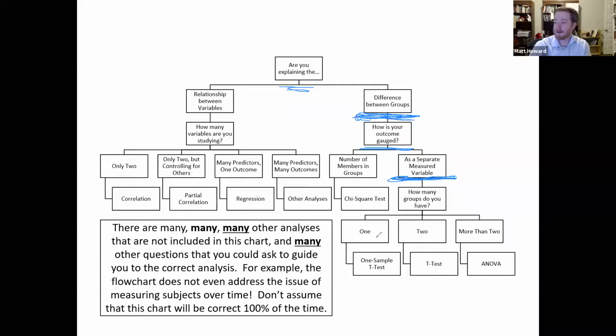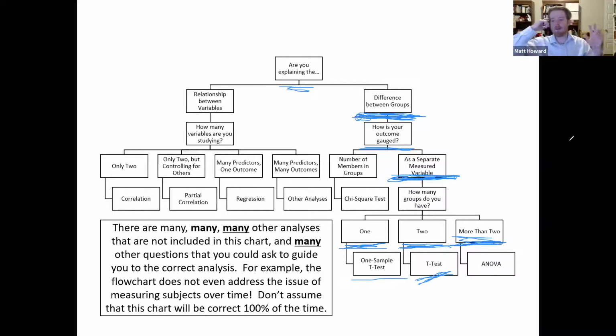What we covered so far is when you have one group, which was a one-sample t-test, and when you have two groups, which is a two-sample t-test. Sometimes we just call it a t-test. So we've already covered when you have just one group, and when you have two groups. As you can guess, an ANOVA is going to be when you have more than two groups. When you're trying to compare the difference between groups on a separate measured variable, and you have more than two groups.